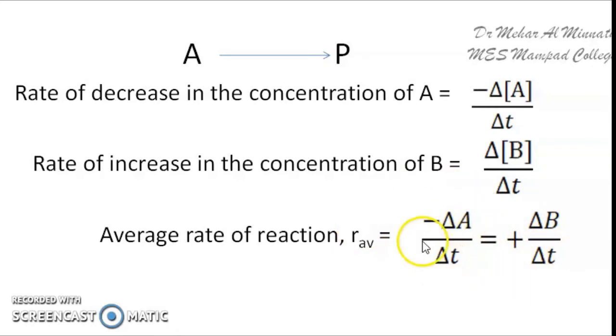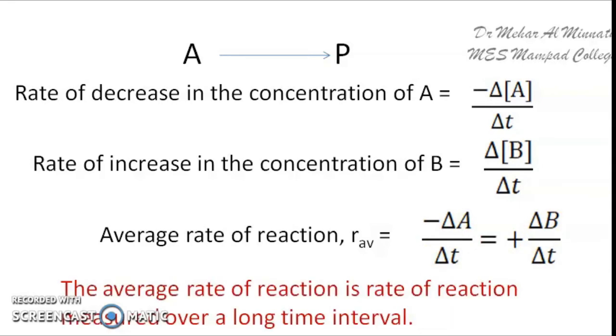You can talk about the rate of reaction either with respect to A or with respect to B. Either with respect to the decrease in reactant or with respect to the increase in the concentration of the product. One more thing you have to keep in mind is that the average rate of a reaction is measured over a long time interval.